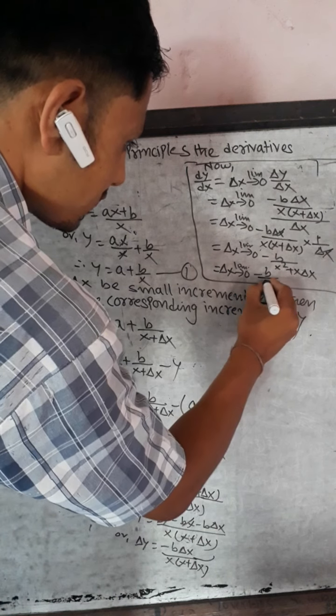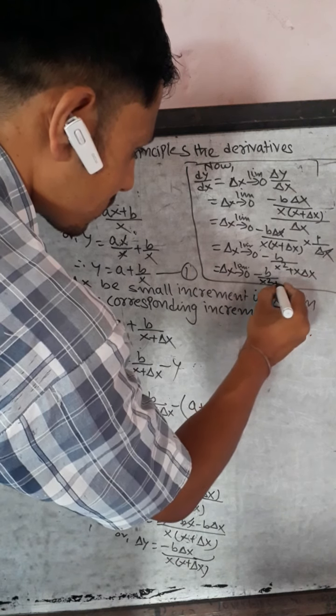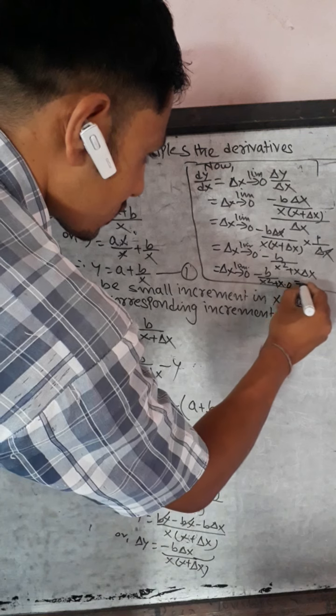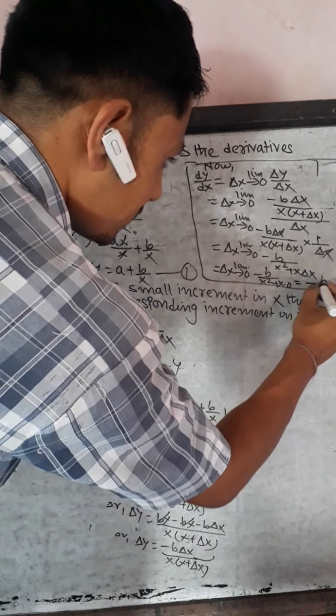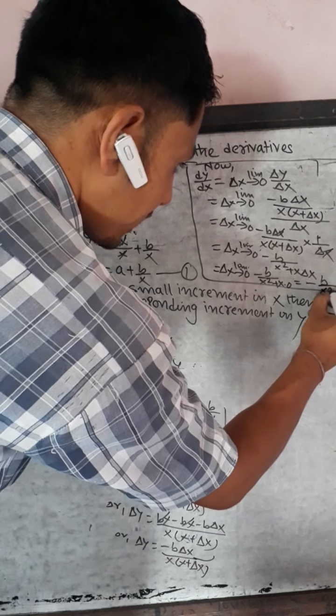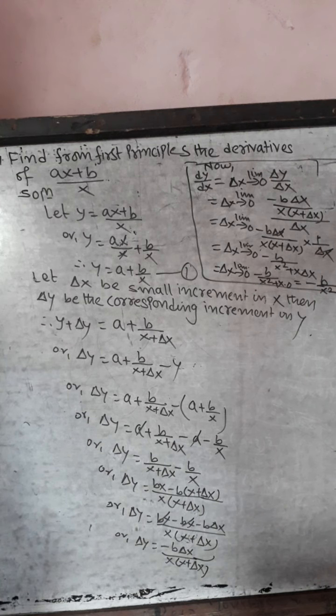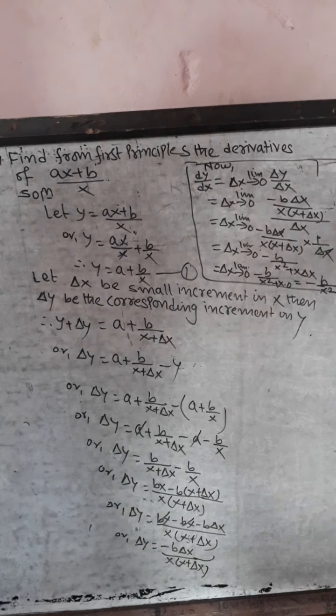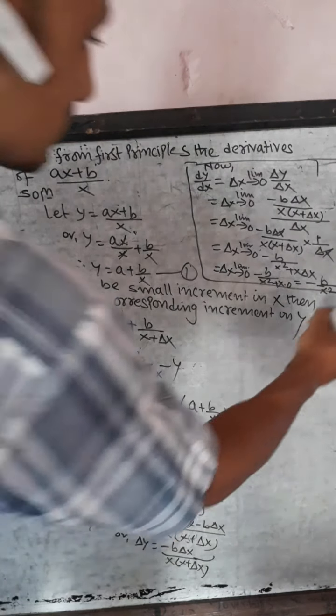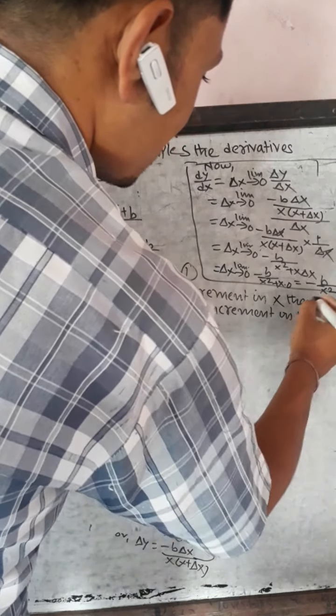Minus b divided by x square plus, now this part will be x into 0, so it is equal to minus b divided by x square. Okay, which is our required answer.